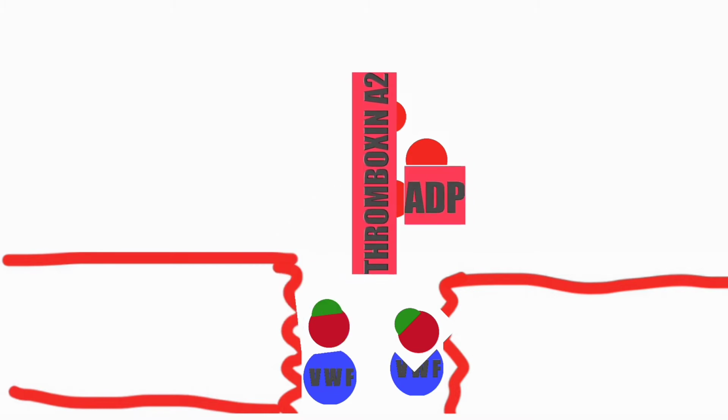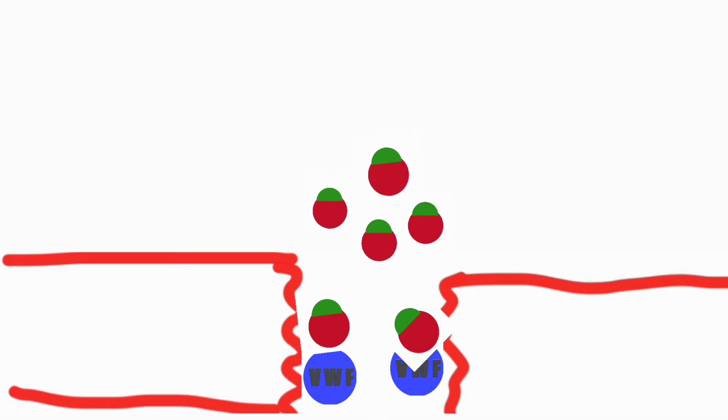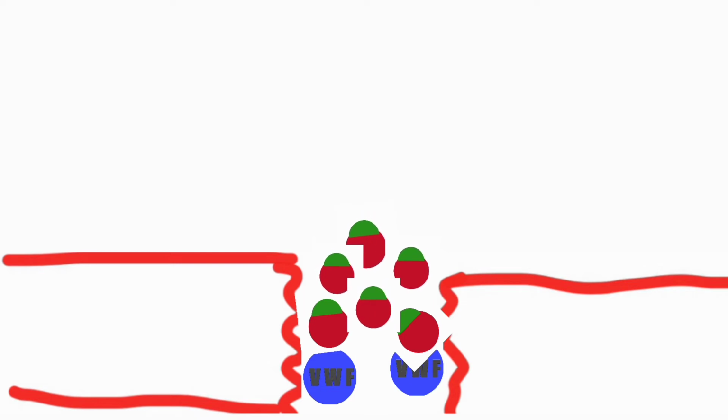What these chemicals do is that they move into these spaces and activate these inactivated platelets. By activating them, those chemicals will also stimulate these platelets now to bind to the site of the injury, and by binding they will form an aggregate.